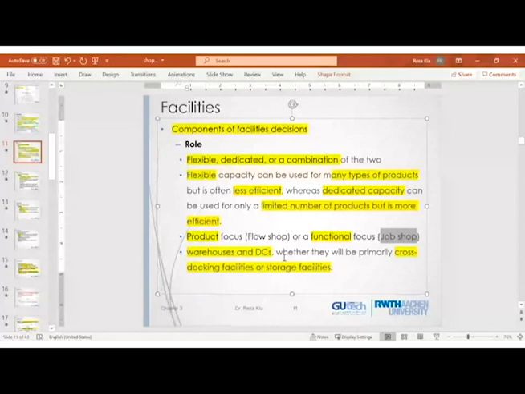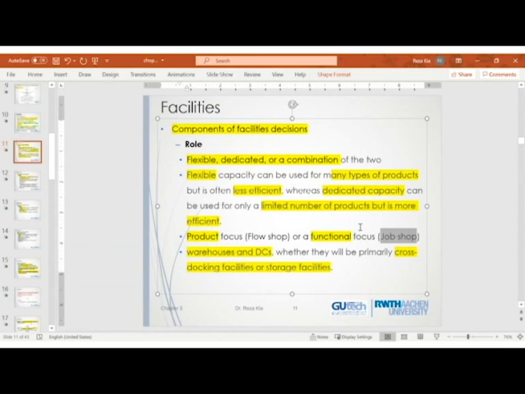You will have one course, material flow and facility design, and in that course you will study flow shop and job shop systems. But just as a very short introduction, in a flow shop system we have a production line system. So they are a dedicated system. The flexibility is low, but the amount of production could be at mass level.